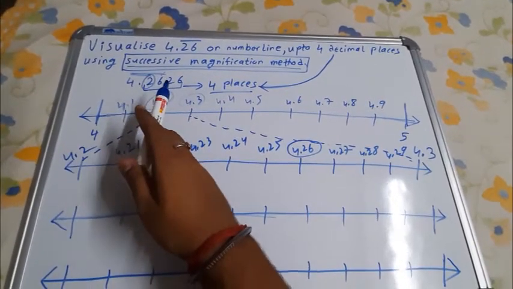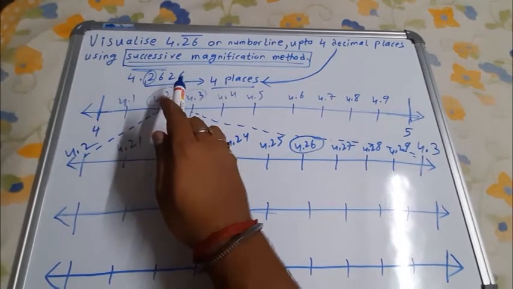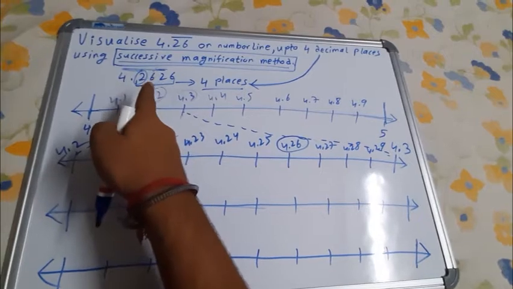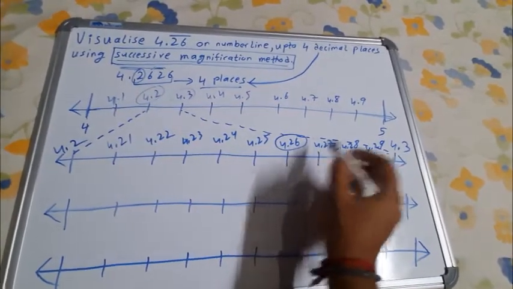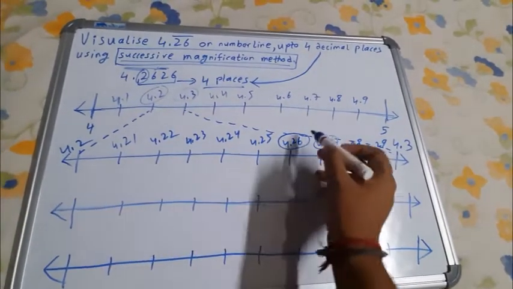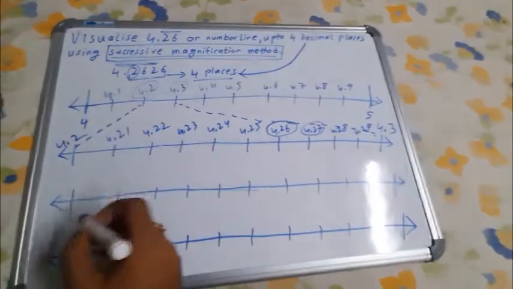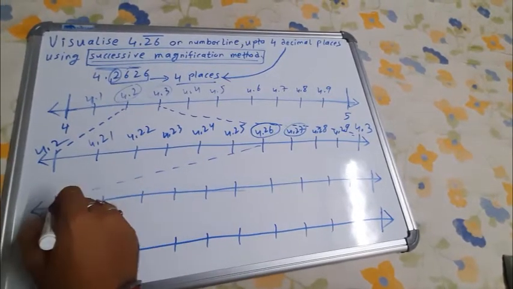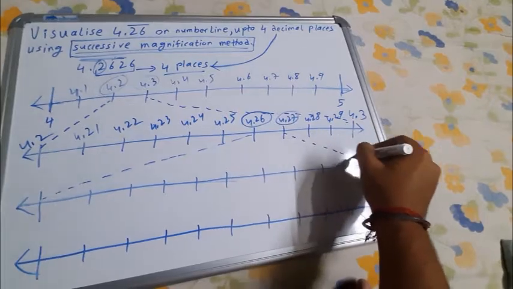Now the decimal doesn't stop there. It's actually 4.262. So where will this extra 2 after the 6 come? It will come between 4.26 and 4.27. Again we will magnify this portion. See how I do it. I am magnifying 4.26 over here, and 4.27 over here.